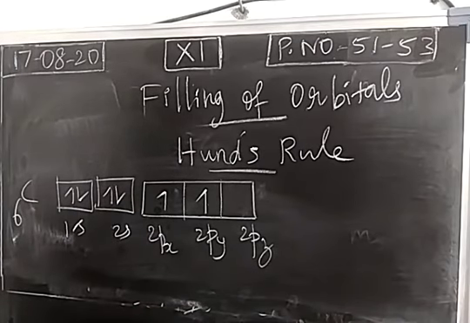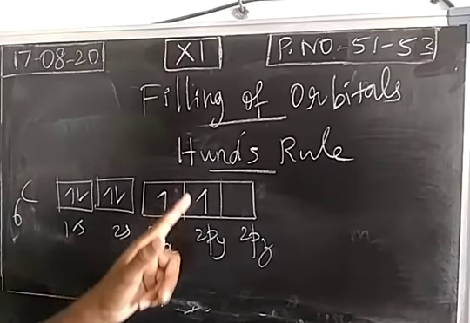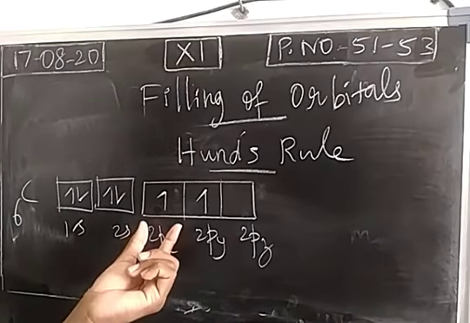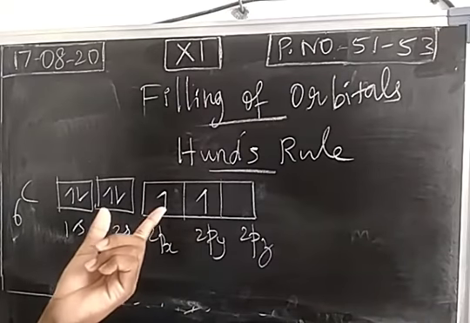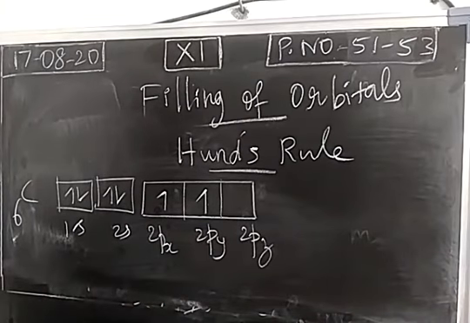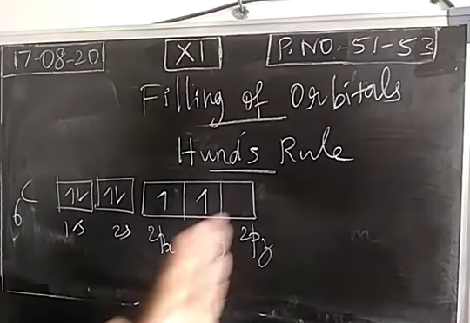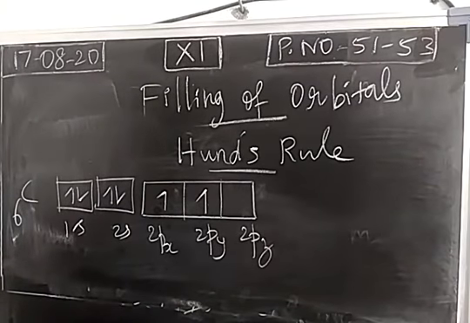So we call it pairing energy. Pairing energy means energy required to pair the electrons in an orbital. So pairing always requires energy, right? To overcome that repulsion, we need an energy called pairing energy. So in degenerate orbitals, electrons singly occupy, then pairing takes place.